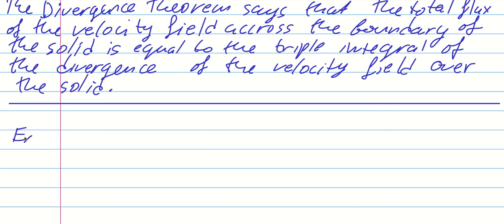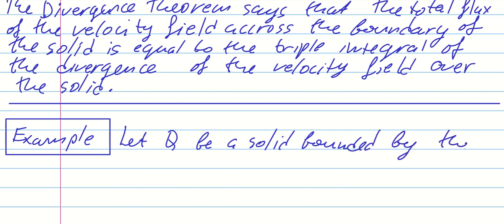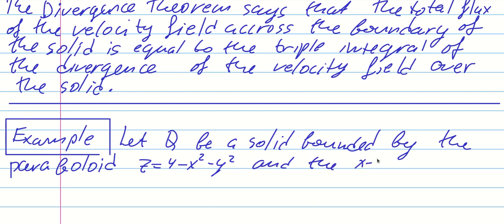So the first example is like this. Let Q be a solid bounded by the paraboloid z equals 4 minus x squared minus y squared, and the xy plane.